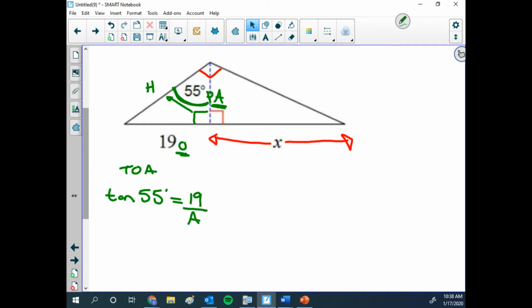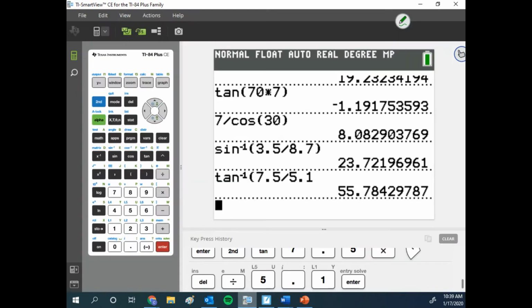And that'll be the first part where people struggle, which is to solve for A. So that's technically P over 1. To solve for A, I cross multiply and divide. So that adjacent side is 1 times 19 over tan of 55. So 19 divided by tan of 55.